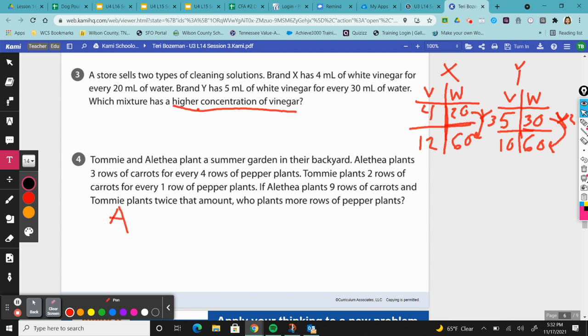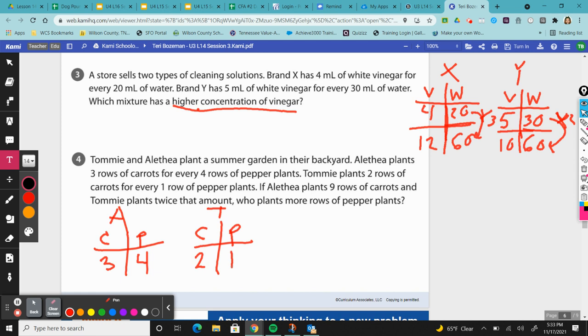Rows of carrots to rows of peppers, right? 3 to 4. That's her. Got it. Tommy plants 2 rows of carrots for every 1 row of pepper plants. Okay, got it. That's the ratio.